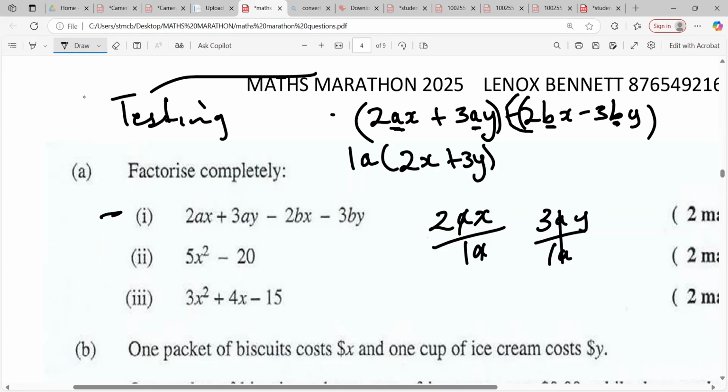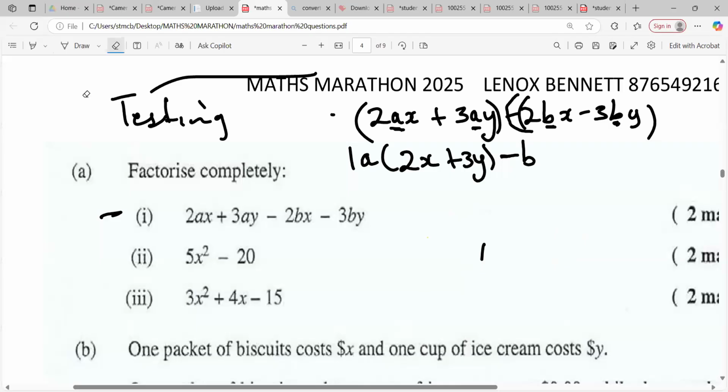Alright. So now we are going to take out the highest common factor in this bracket. So negative is common, so put the minus, and as we say, b is common. So this is where I think probably sometimes students will get off track. Whenever we divide a negative by a negative, so you'd have minus 2bx divided by minus b.